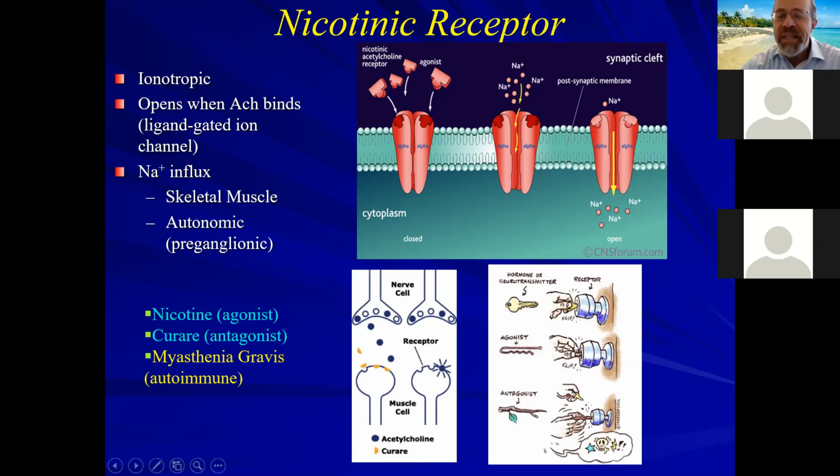Whereas an agonist, in this particular case, you can see, here's the key into the lock, like the neurotransmitter. An agonist would be like this hairpin that can open the lock, different substance, but still does the same thing. An antagonist binds to the receptor, but doesn't allow anything to happen. So it blocks the effects.